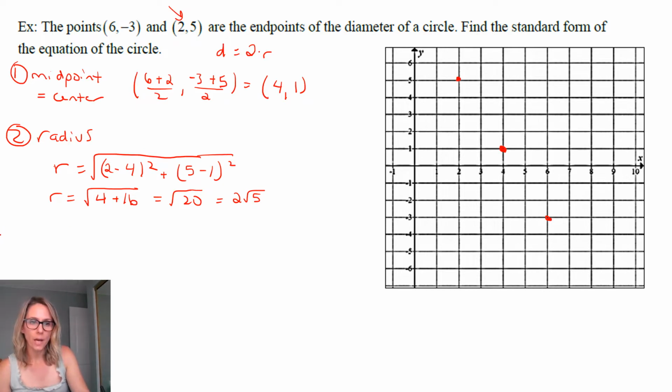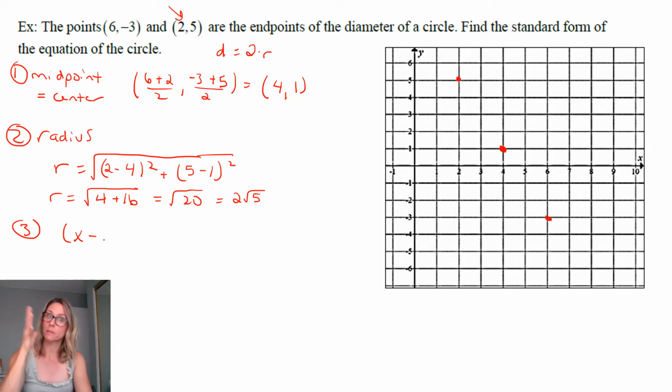Okay, but now we're just going to write our standard form here. So remember, standard form of a circle is x minus h in this case. Remember, x minus the x value of the center, so we need x minus 4 squared.